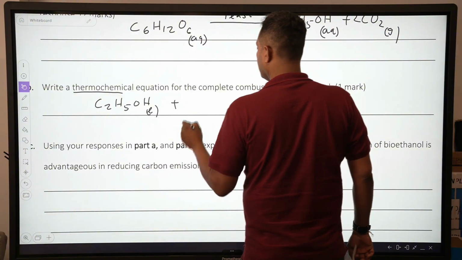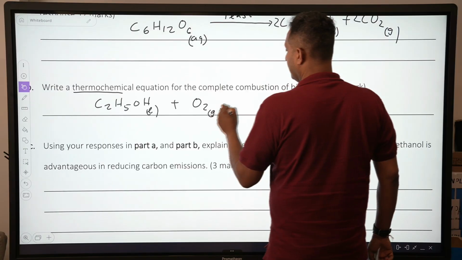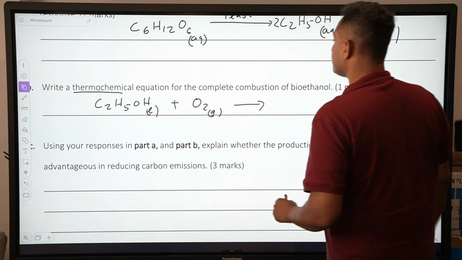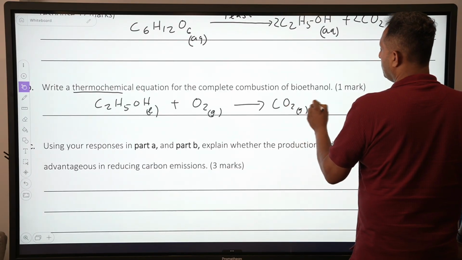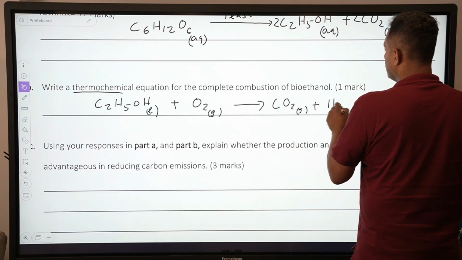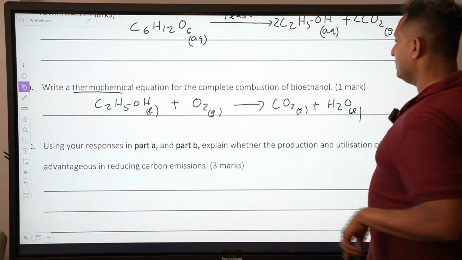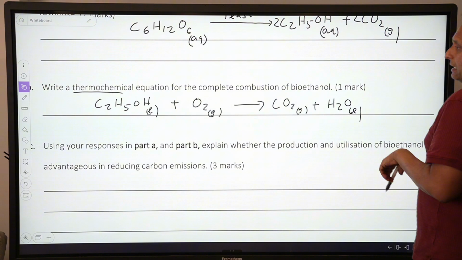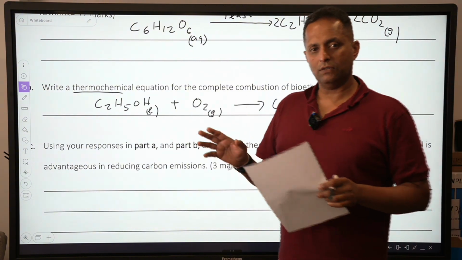Plus, for complete combustion, oxygen gas, and you are going to get carbon dioxide gas plus H2O liquid. Now, a thermochemical equation is a balanced chemical equation with the delta H value on it.